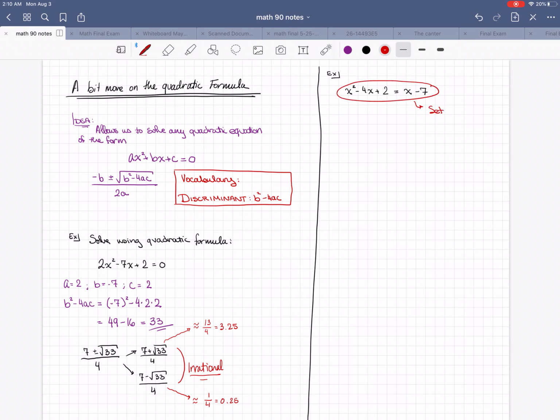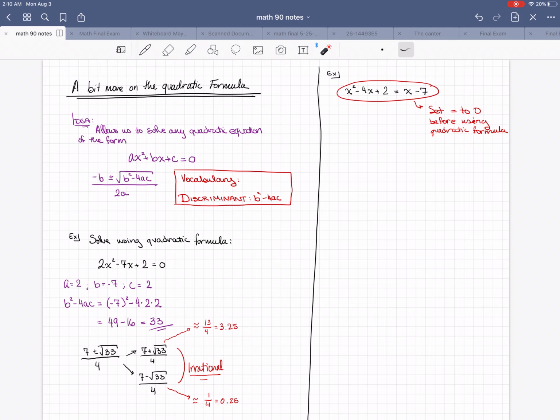Set equal to 0 before deploying the quadratic formula. And this is key. The quadratic formula presumes that you are working with an equation that's already set to 0.